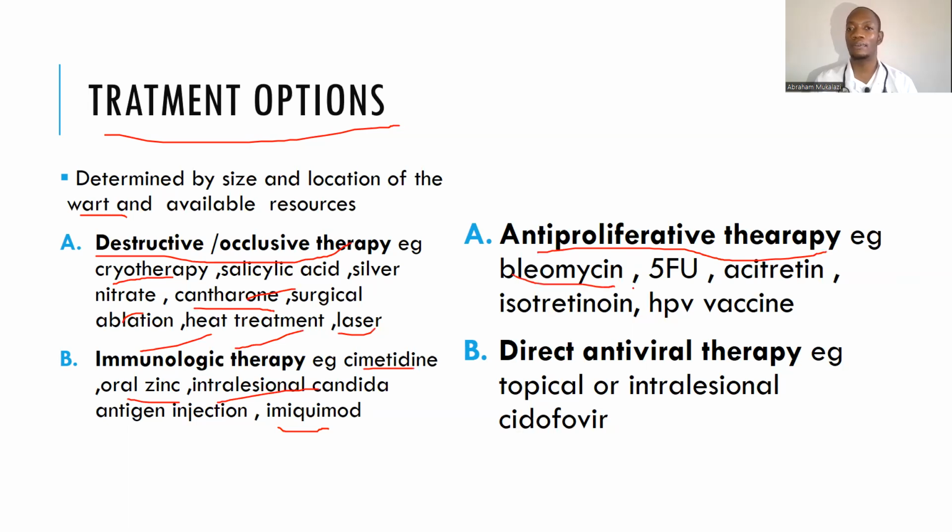They include bleomycin, 5-fluorouracil, and then acitretin, or even oral isotretinoin in extensive warts. But all these are just trials, including the HPV vaccine. They are all trial medicines with different efficacies, and the recurrence is also as high as 30 to 60%.